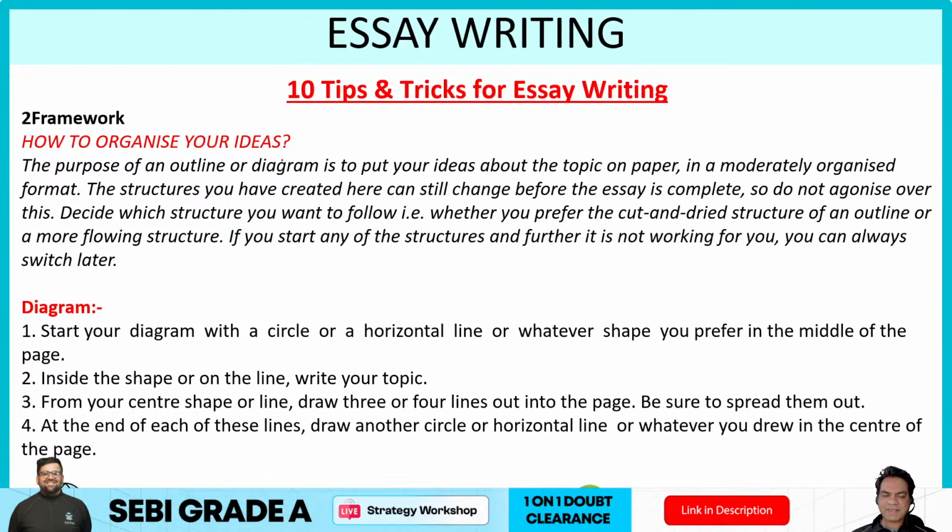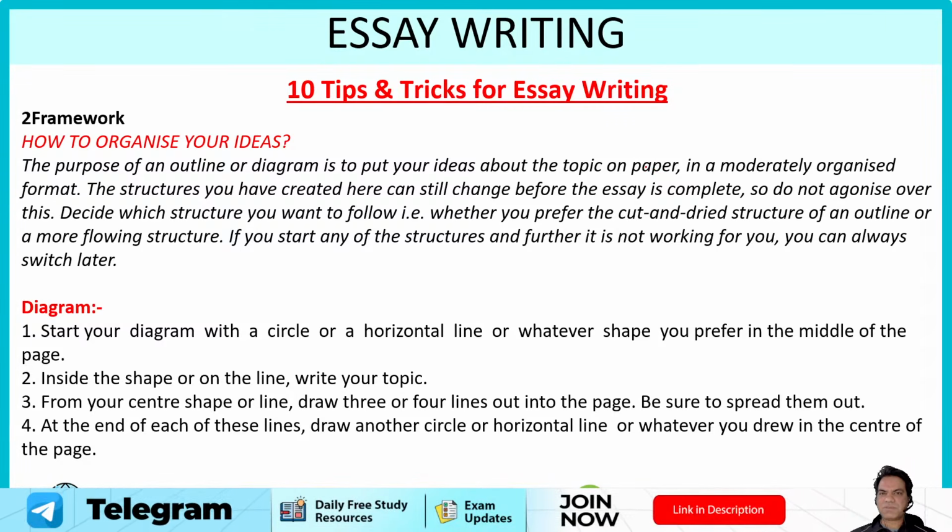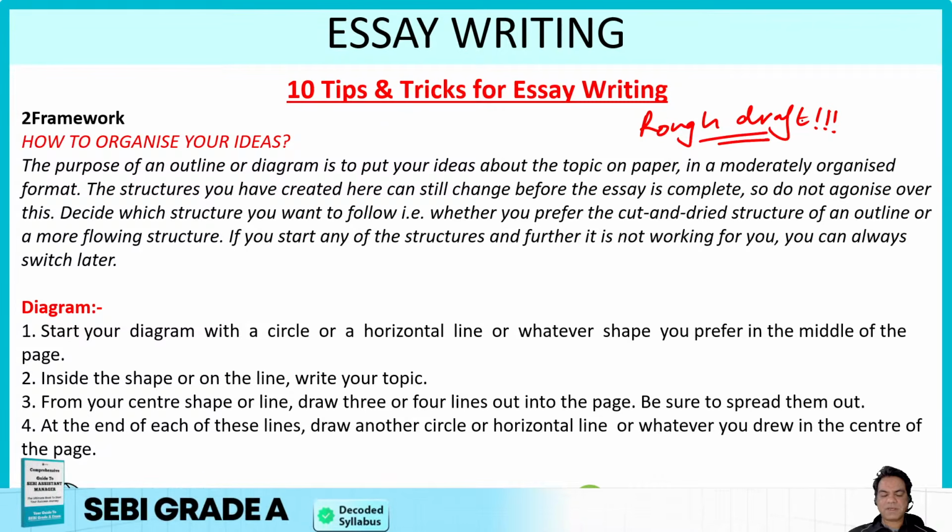Now read this, guys. The purpose of an outline or a diagram is to put your ideas about the topic on paper in a moderately organized format. So what you do is, guys, before you start writing your essay, make a rough draft. You will be provided a rough paper and a pen or a pencil. So before you start writing your essay, you first, on your piece of rough paper, make a rough draft for your essay, right?